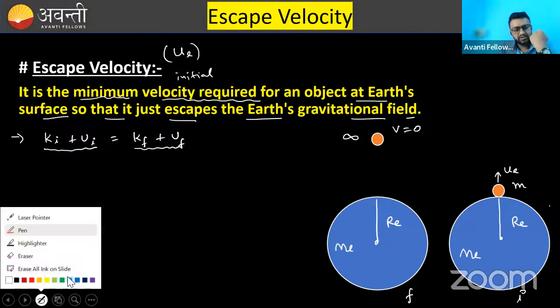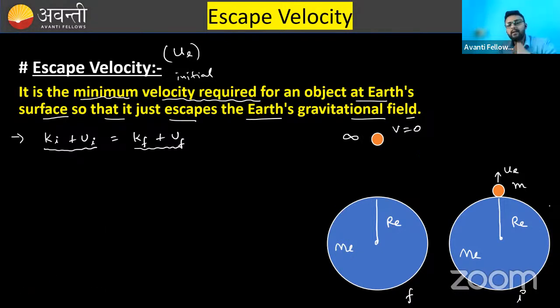Now, just put the values. Kinetic energy initial: the ball has initial velocity uₑ. So kinetic energy initial will be half, mass of the particle is m and its velocity is uₑ squared.